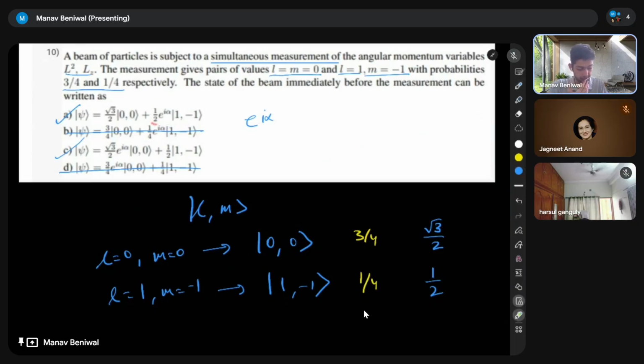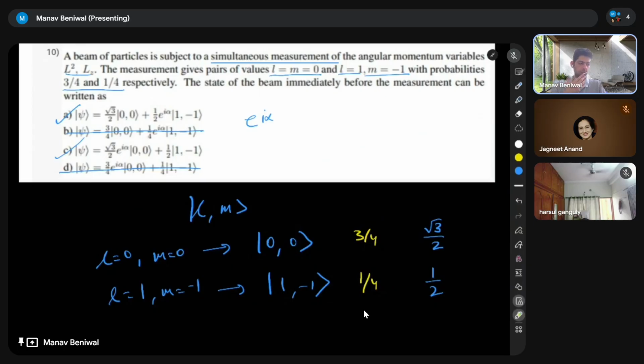What we were discussing is that if this was a multiple select problem, e to the iota alpha will not affect your probabilities. These probabilities 3 by 4 and 1 by 4 will remain the same no matter where you take your e to the power iota alpha. So both options are correct.